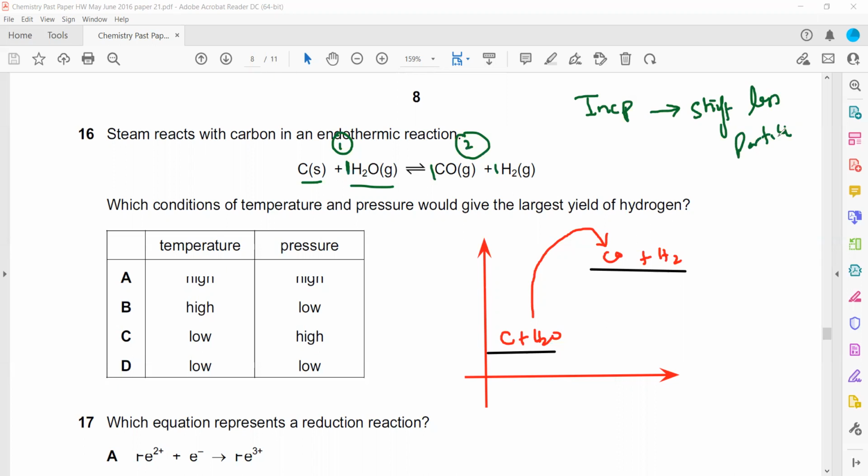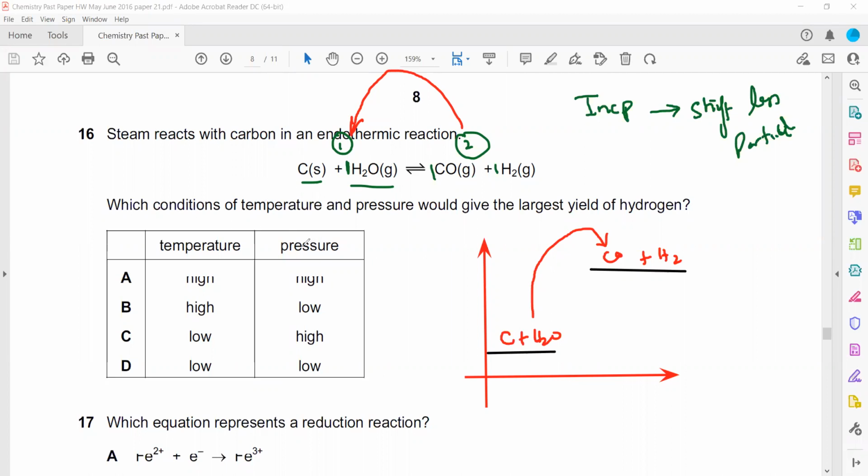So in this example, on the left hand side we have one particle, on the right hand side we have two. So if we increase the pressure, the equilibrium will shift towards the side where less particles are present, so it will shift backward. And if equilibrium shifts backward, the yield will decrease. So we should not increase the pressure, because the equilibrium shifts towards the left hand side and the yield or amount of product will decrease.